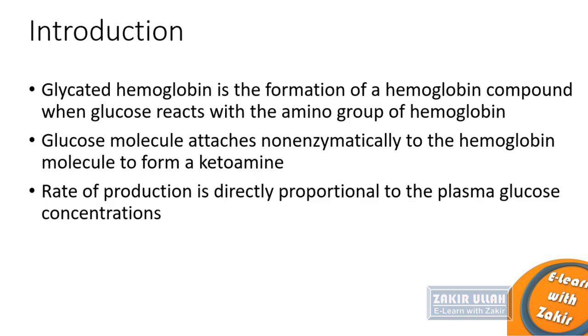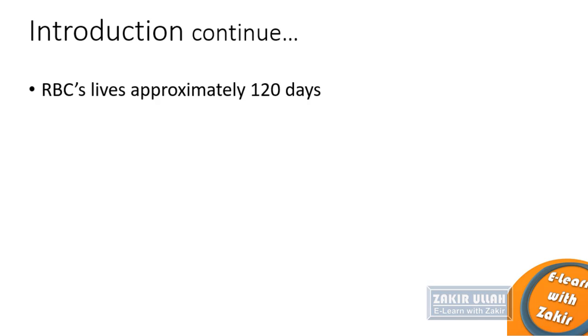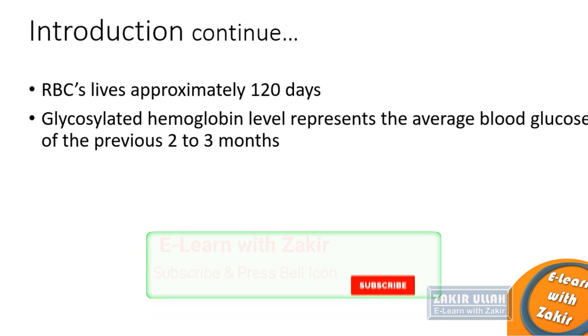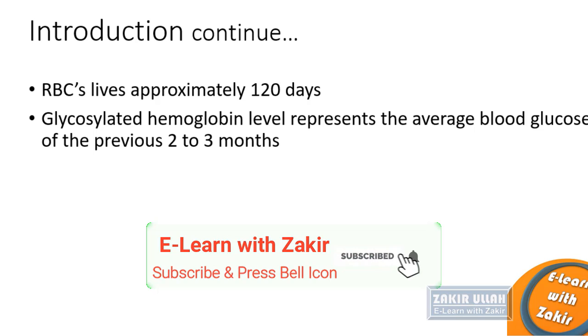As we know, RBCs, red blood cells, live for about 120 days, and in these 120 days they carry and transport oxygen to all parts of the body, to every tissue and every cell.